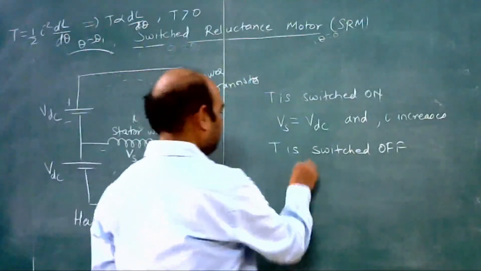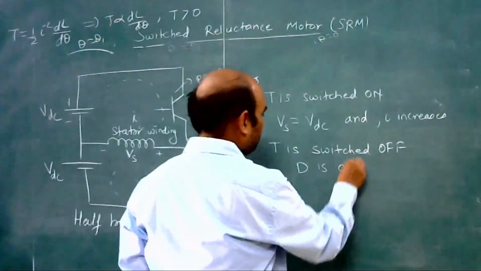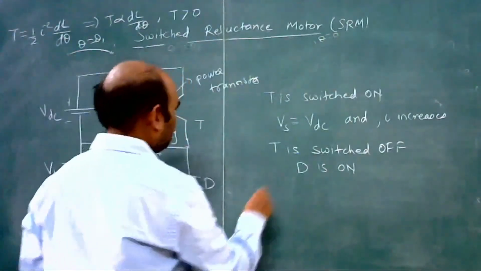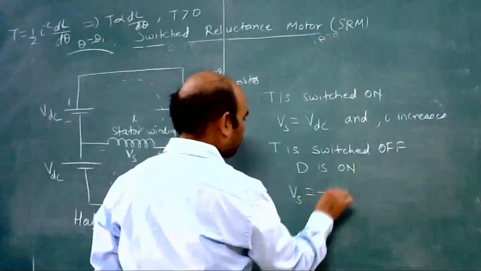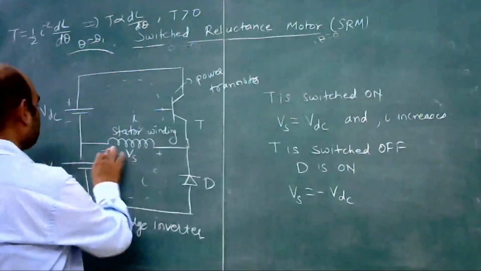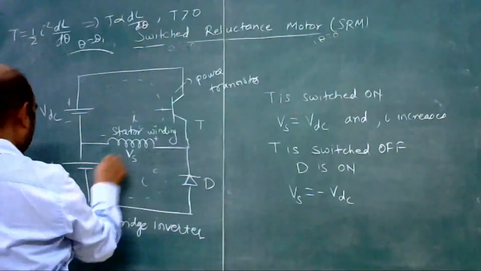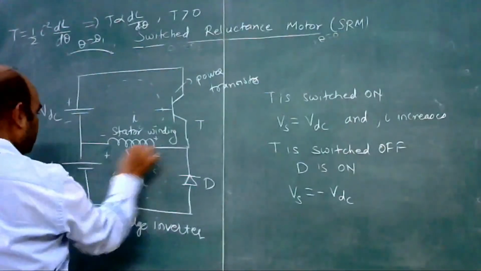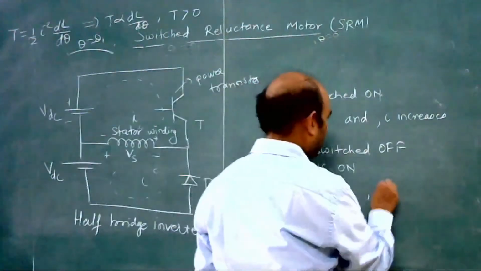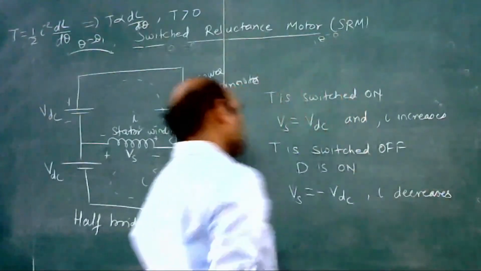So D comes on, and current will flow like this, and Vs will be equal to minus VDC.